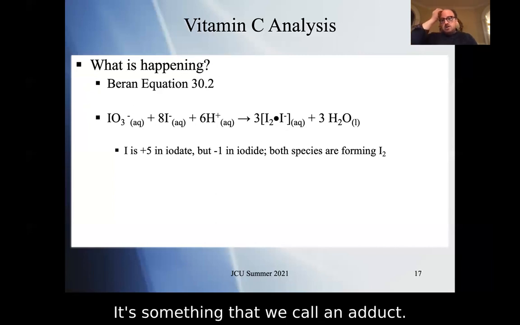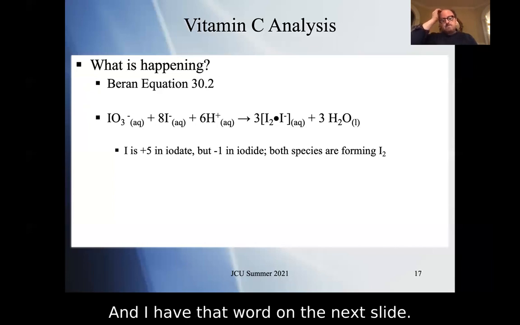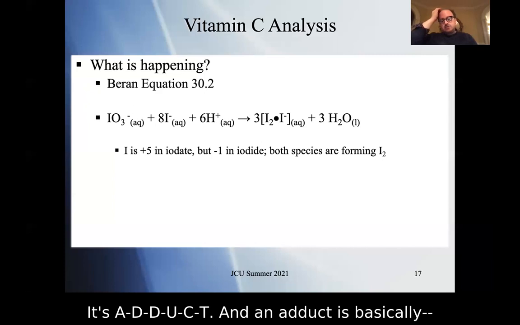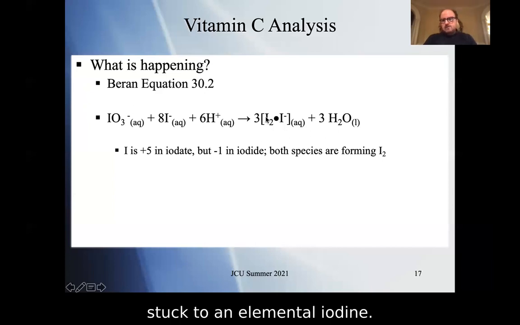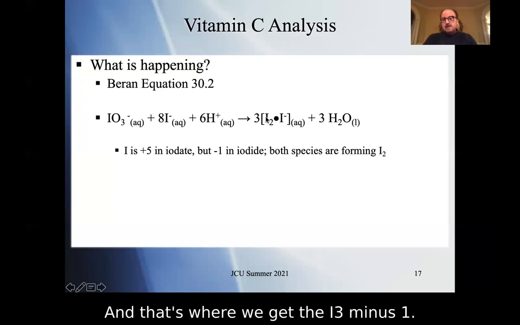It's something that we call an adduct, and I have that word on the next slide. An adduct is basically here, in this case, we have this I minus, this iodide ion stuck to an elemental iodine. And that's where we get the I3 minus 1.